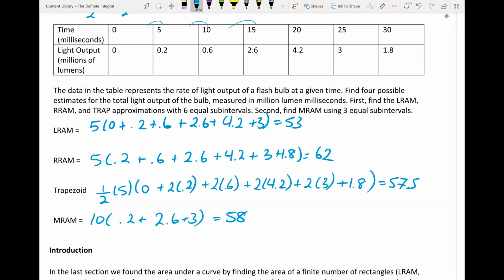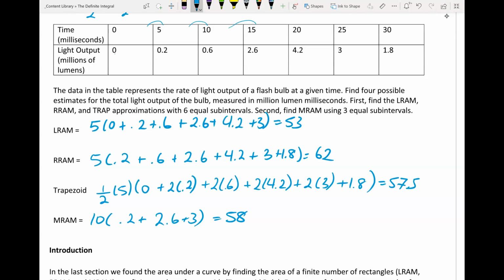In between 0 and 5, my left data is 0. From 5 to 10, my left data is 0.2. From 10 to 15, my left data is 0.6, and so on until I hit 25 to 30, and my left data is 3. Essentially, it looks like I'm going from 0 all the way to 3, and I'm just omitting that last data point.